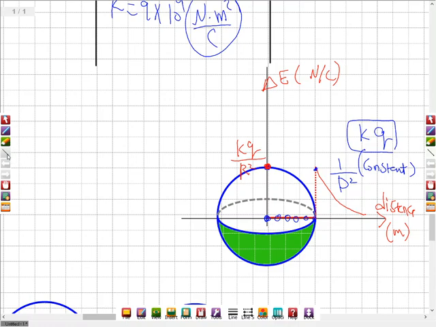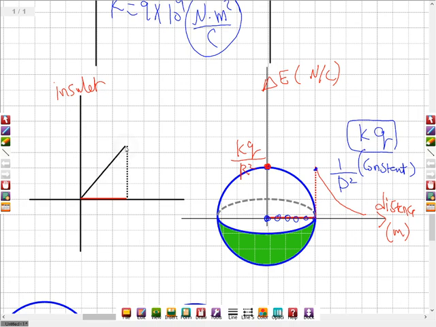Let us remind you of the insulators. You remember the insulator, the one I did? This is for insulators, just to compare, if the radius is here. If you remember, the line goes up, increasing for the insulator.